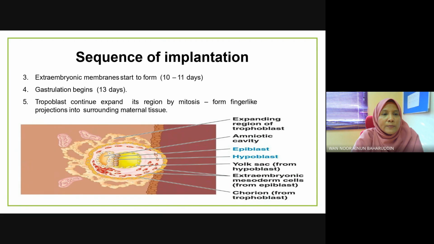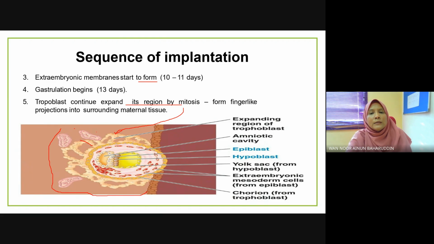Then in the sequence of implantation, the extra-embryonic membranes start to form in 10 to 11 days. Gastrulation will begin at 13 days. The trophoblast can continue to expand its region by mitosis. They are trying to expand and form finger-like projections into the surrounding maternal tissue.